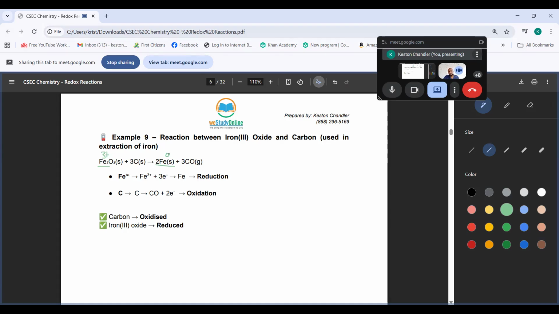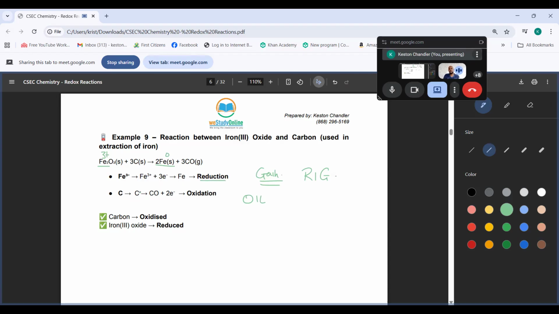Now, to go from 3+ to 0, right now at 3+, it has more protons than electrons. So to go from 3+ to 0, it had to gain 3 electrons so that the number of electrons and protons would have been the same. So we say reduction is gain, the iron ion was reduced.